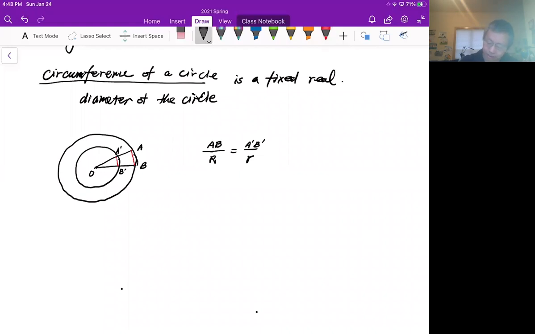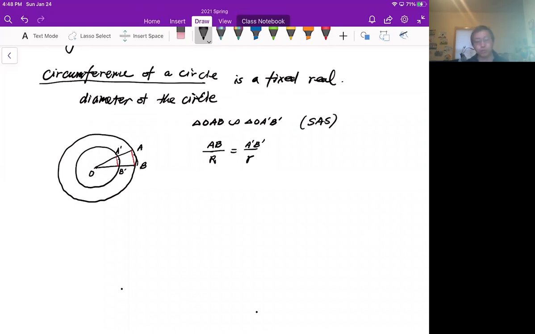So I'm going to say that triangle OAB is similar to triangle OA'B'. Why are they similar? Because of SAS.